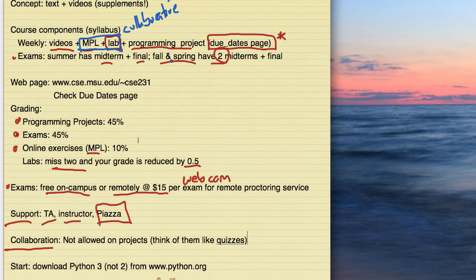However, the programming projects, no. Collaboration is not allowed in that. Think of them like quizzes. That's really the way you want to think about it. This is a way for you to demonstrate that you've figured out how to solve a problem. You can ask questions on Piazza, but don't post code there. At least don't post code so that other students can see it. And in fact, don't post code any place.